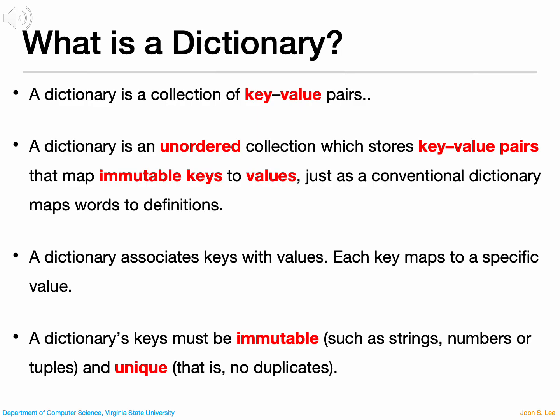Each key in a dictionary maps to exactly one value, allowing us to quickly retrieve information using the key. One important rule is that dictionary keys must be immutable and unique. Common examples of immutable types include strings, numbers, and tuples. Because of these properties, dictionaries are very useful for organizing and accessing labeled data efficiently.